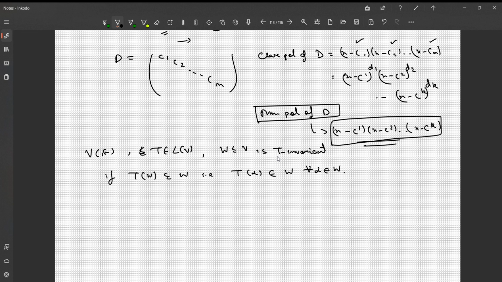So this is the basic definition of what a T invariant subspace is.